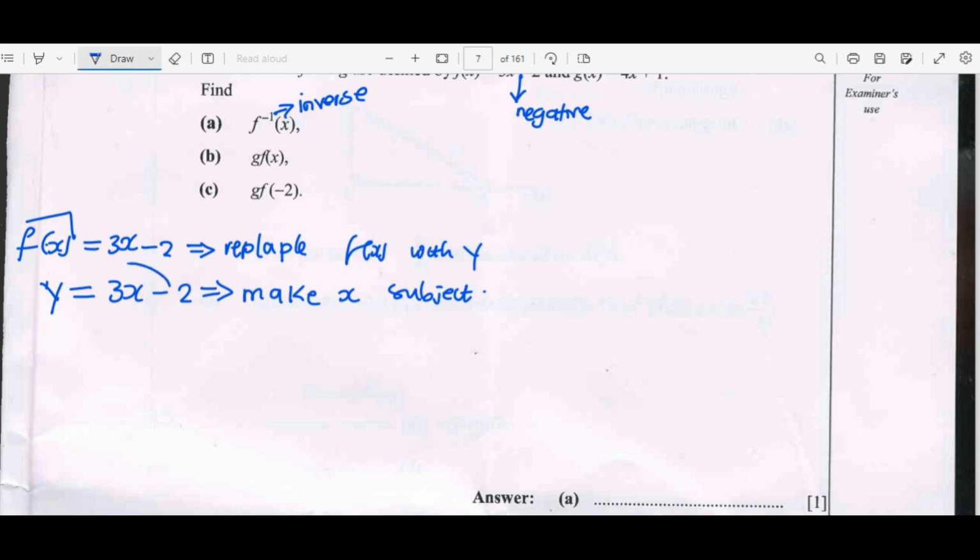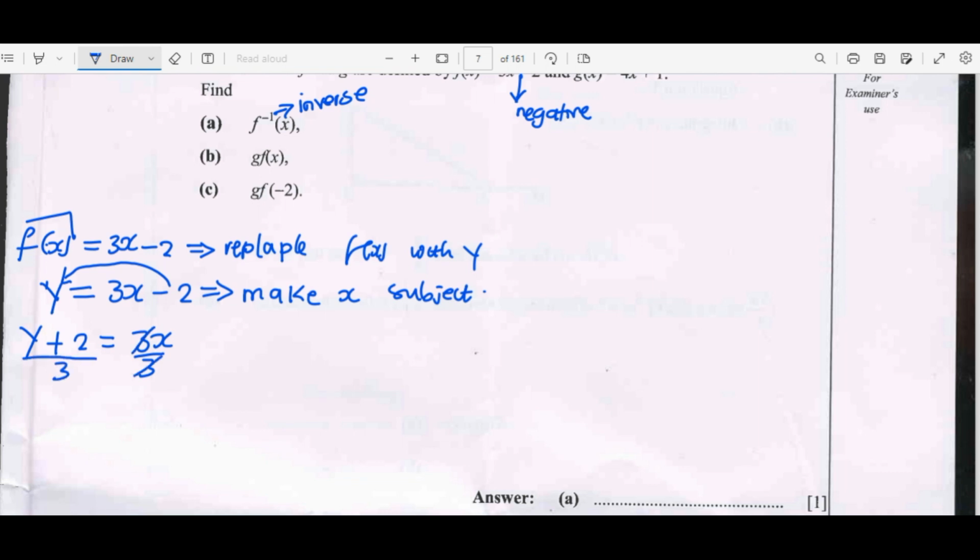So we're going to move this expression to this side, so that we have y, the sign will change from negative to positive, 2 is equal to 3x. Remember, our target is to make x the subject of formula. So we divide by 3, then here we divide by 3.